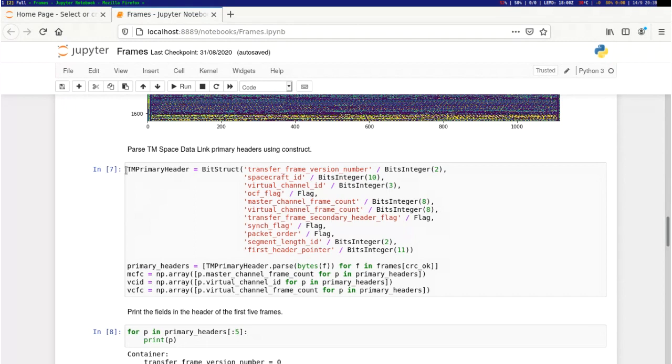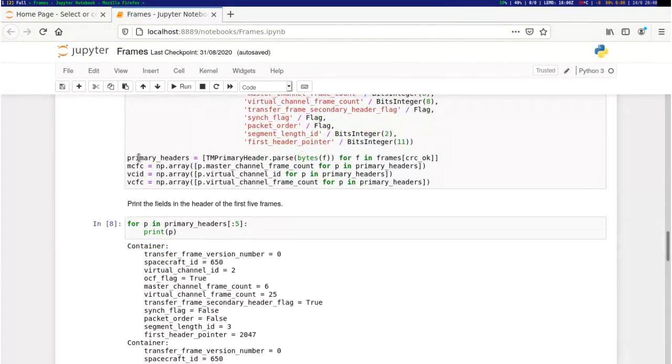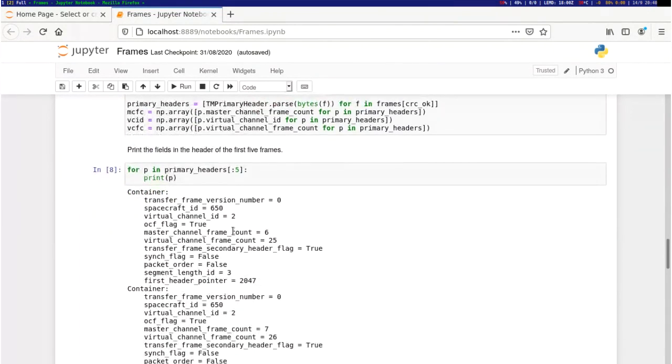So we can use this to parse the TM primary headers in the TM space data link protocol. These very few bytes at the start of the packet.